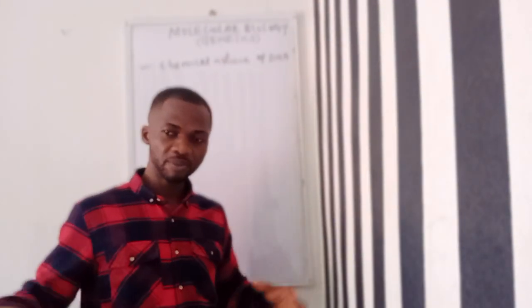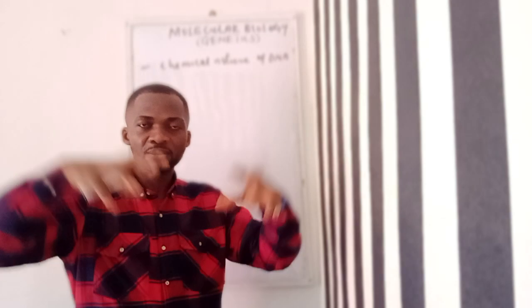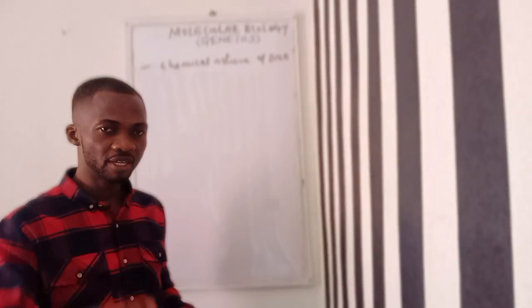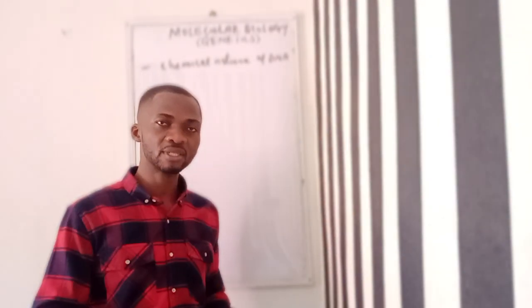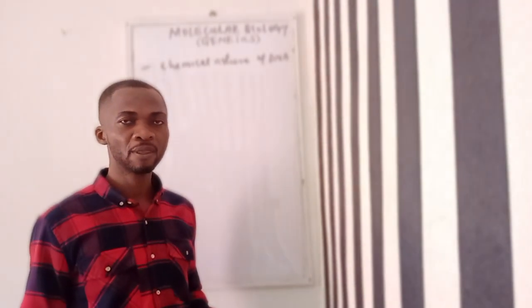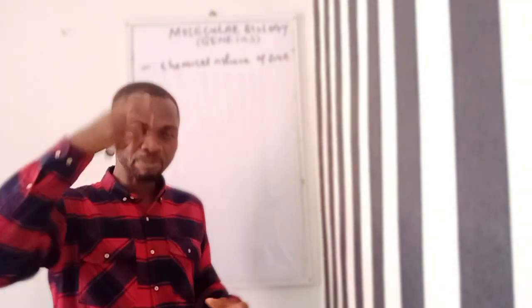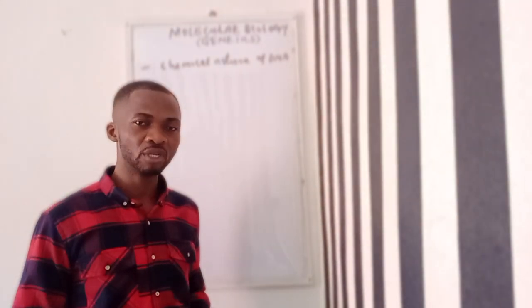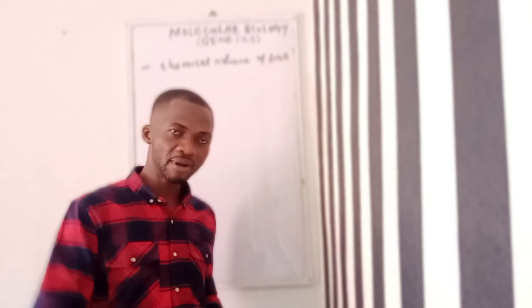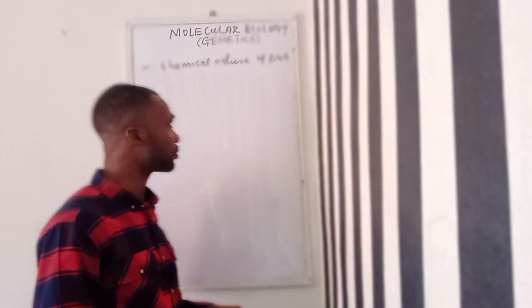So when you separate DNA from the proteins that bound it, you will discover that DNA is made up of repeating units that are called nucleotides. These nucleotides are found in a repeating fashion.